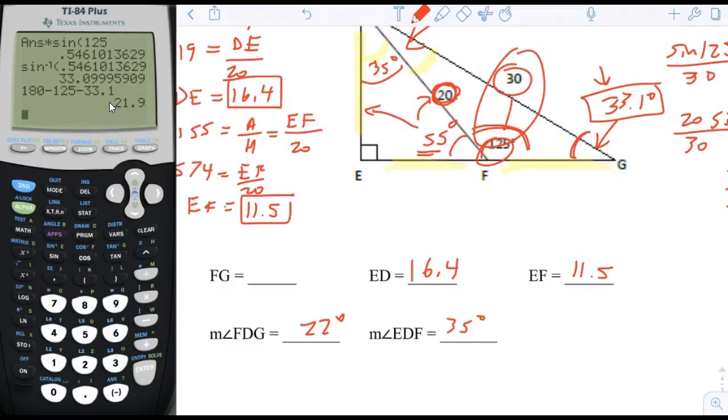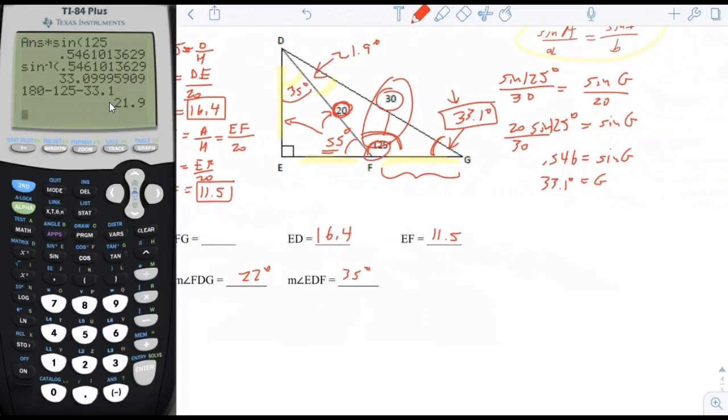And then all I need to do now is to find this side. And once again, I can use law of sines to do that if I want to, because I know that sine of 125 divided by 30 is equal to sine of 22 degrees divided by FG, right? And let me cross multiply so that I can get FG in the numerator. And so I'll have FG times sine of 125 equals 30 sine of 22.